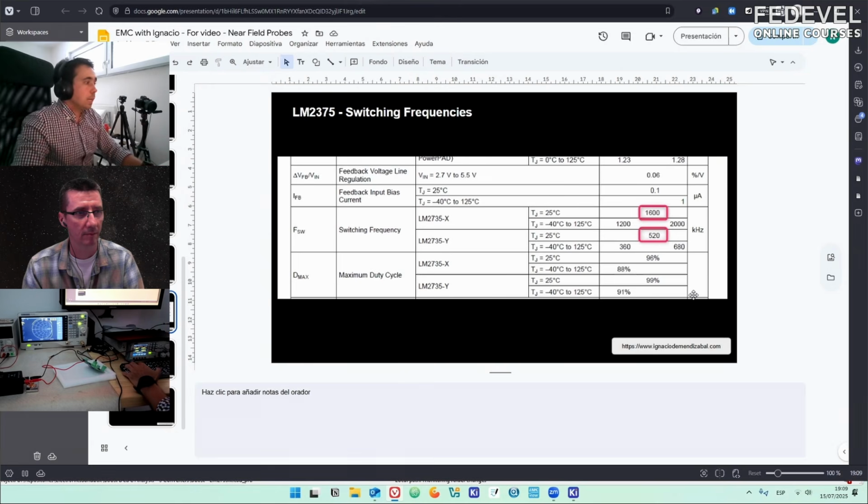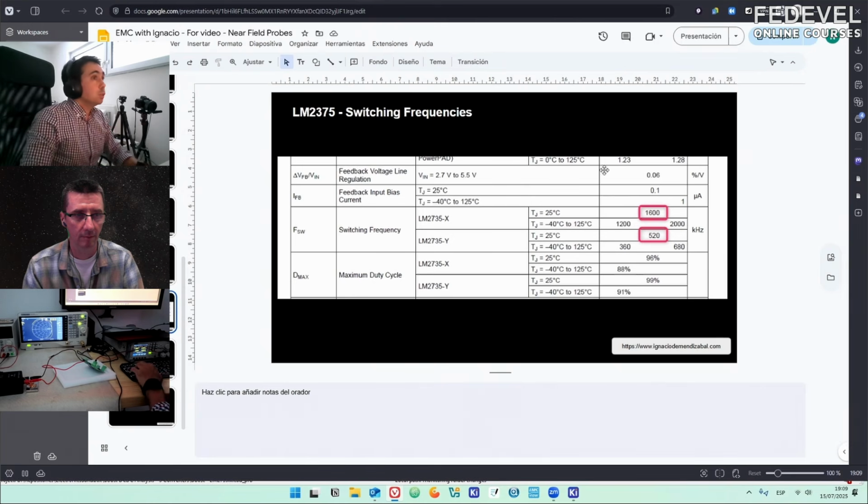People tend to use the highest frequency always, which is great for efficiency, or great for space. But today we will see what is the real impact. So that is not only efficiency, but what kind of energy we radiate when using higher frequencies.